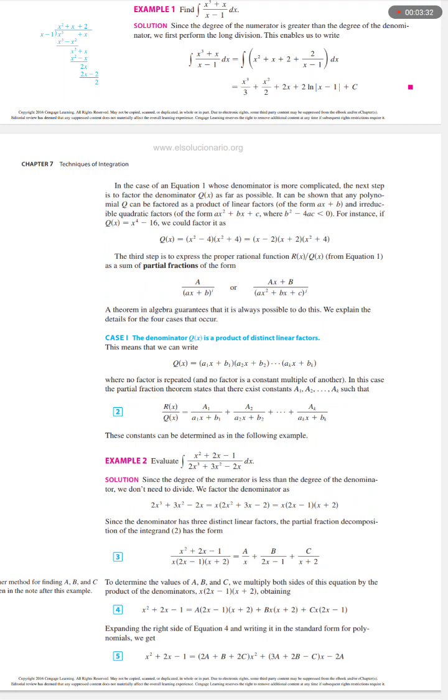A theorem in algebra guarantees that it is always possible to do this. We explain the details for the 4 cases that occur.